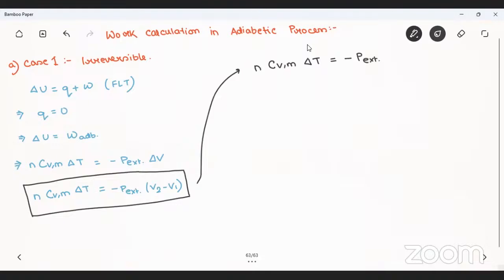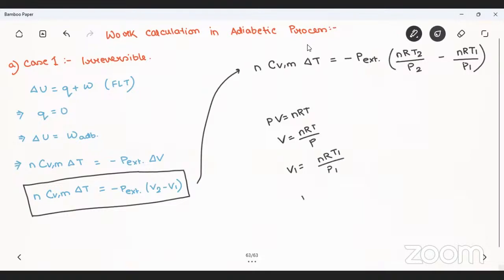If I write it in the form of PV, n R T2 by P2 minus n R T1 by P1. Can we write like this? The formula that PV equals nRT, so V becomes nRT by P. So V1 is nRT1 by P1, V2 is nRT2 by P2. So I have written the formula like this.